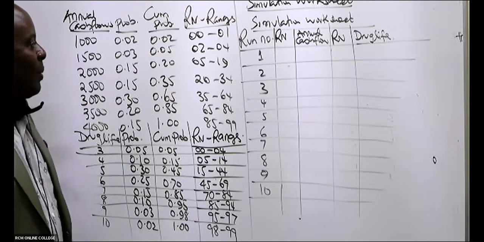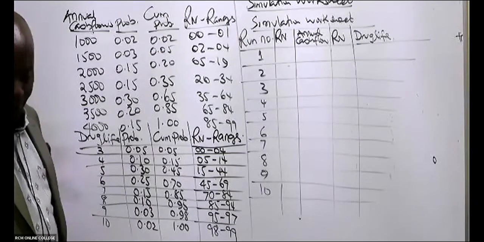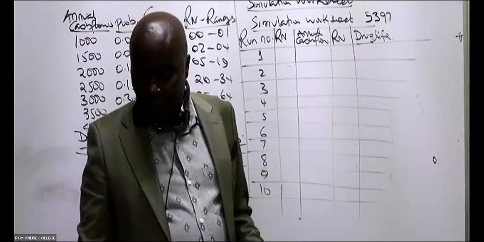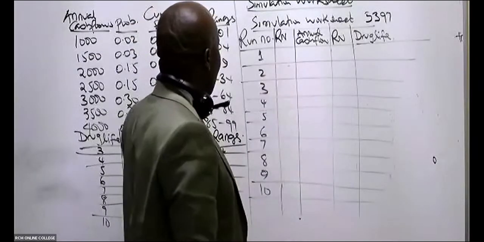You can see the first random number given there is 53 something. Now you can see it is 5397. This 5397 has 4 digits, and the 4 digits cannot fit anywhere here, because these are 2 digits.